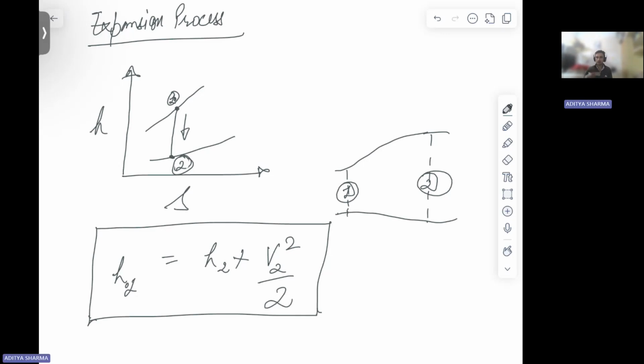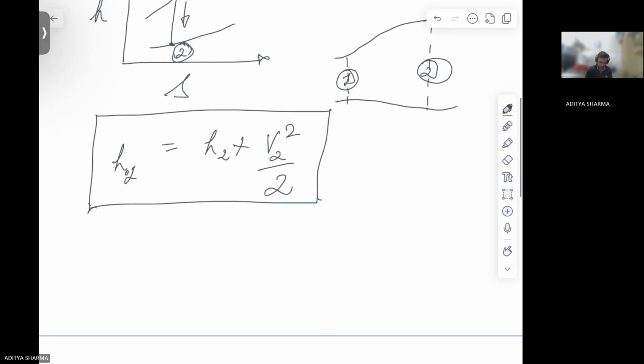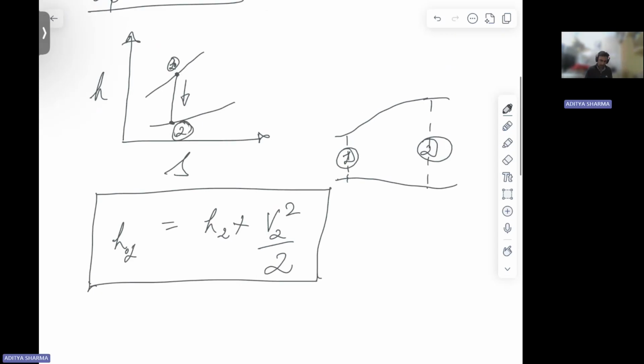Some part will convert into velocity and then some static part will remain, and the direction will be downwards.